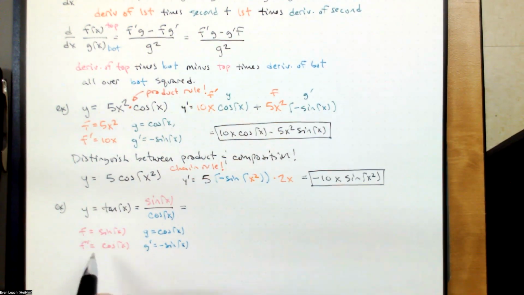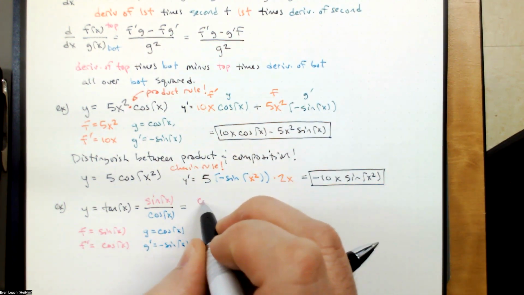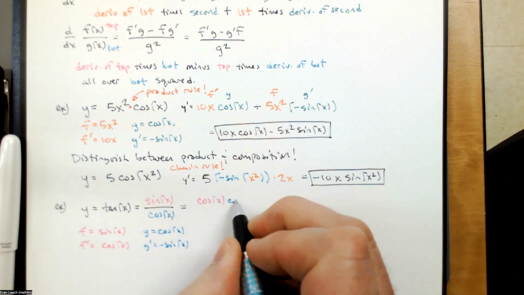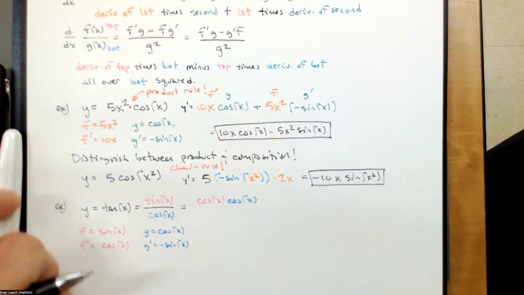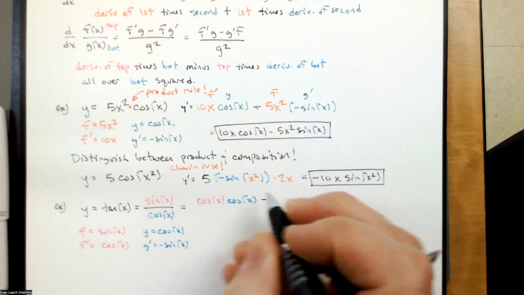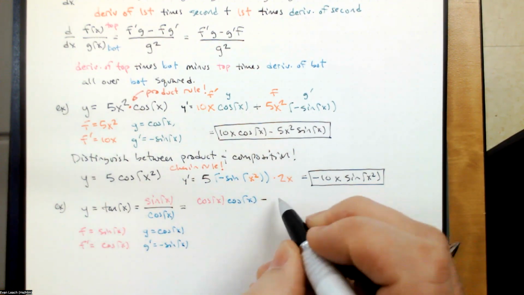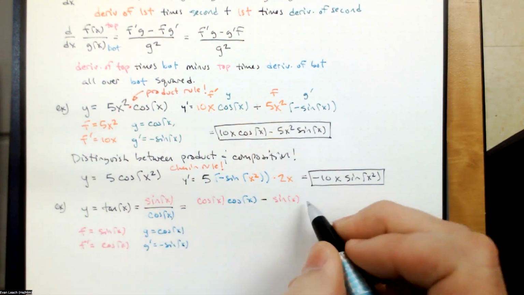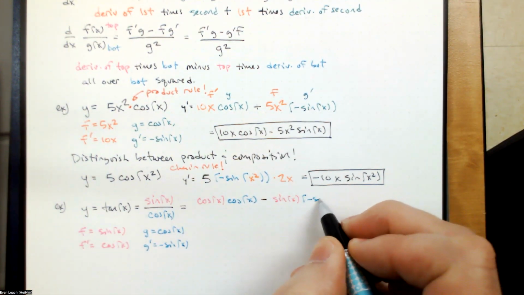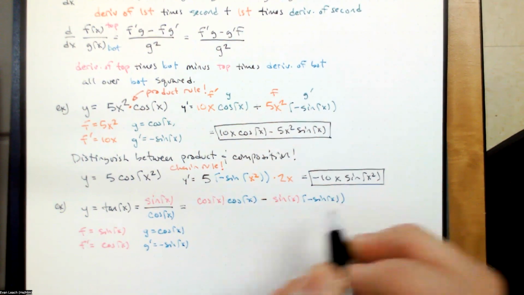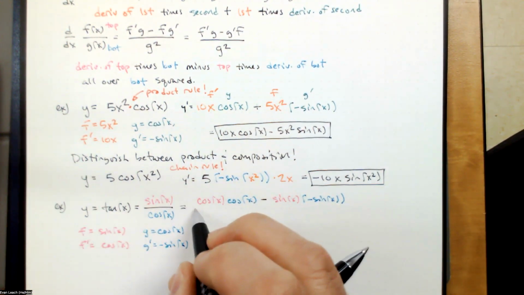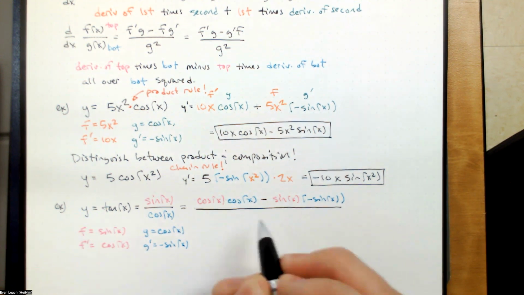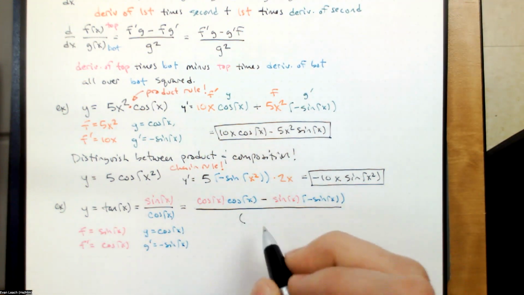So the quotient rule says do the derivative of the top times the bottom, minus the top times the derivative of the bottom, divided by the square of the denominator.